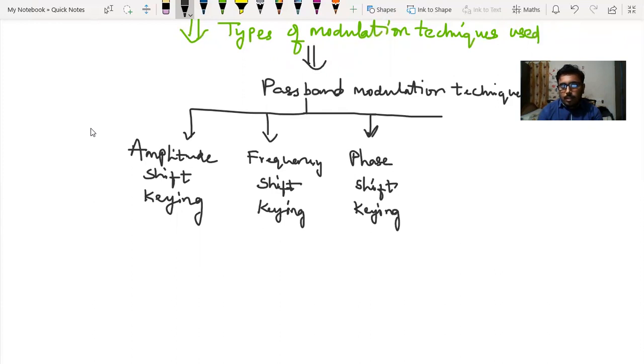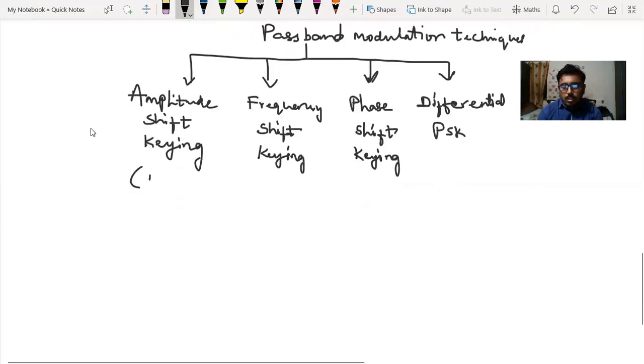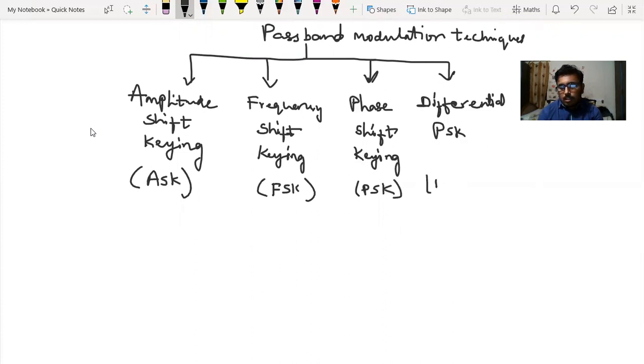And next we have one more thing, that is differential phase shift keying, that is DPSK. So I can simply call it differential PSK. So this we can specify as ASK, this we can take as FSK, this as PSK, and next DPSK, differential phase shift keying.